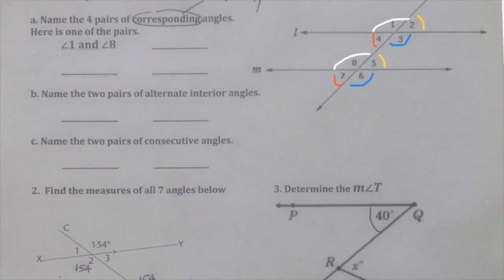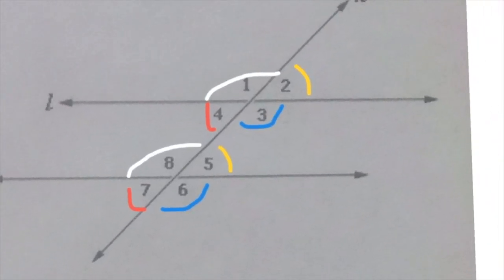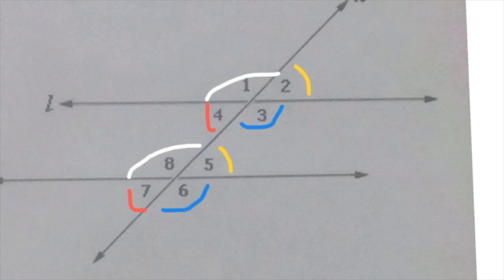For question C, naming the two pairs of consecutive angles, or consecutive interior angles. The consecutive angles are the angles that appear one right after the other. And in this picture right here, the consecutive interior angles are 3 and 5 and 4 and 8.